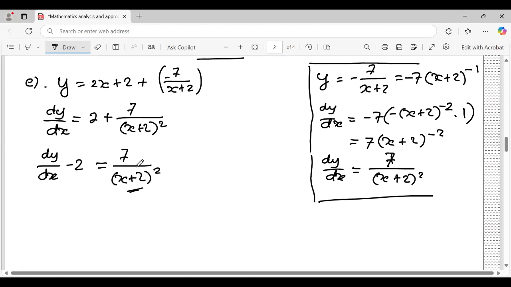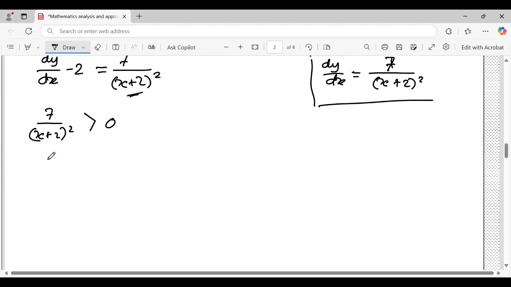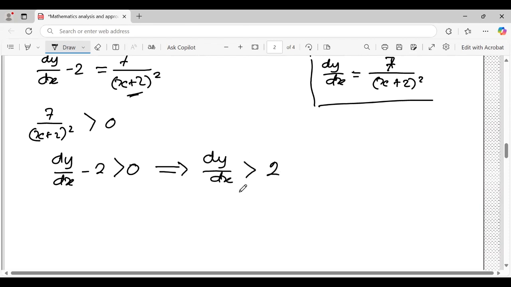So 7 over (x plus 2) squared is greater than 0, which means dy/dx minus 2 is also greater than 0. So the implication is dy/dx is greater than 2.